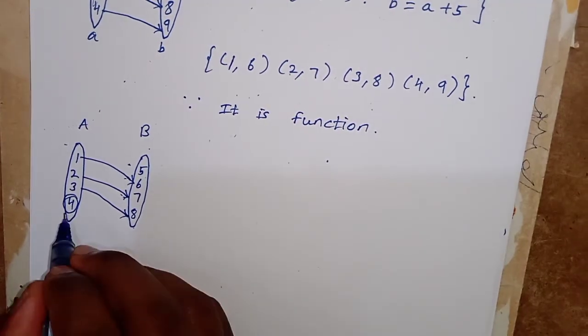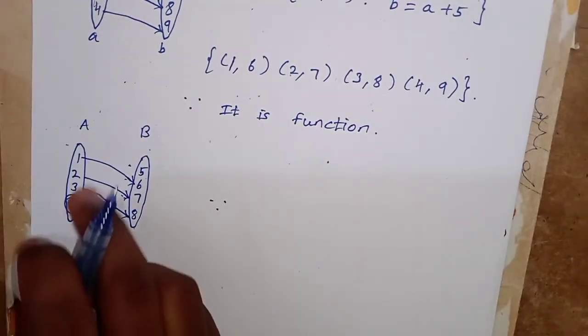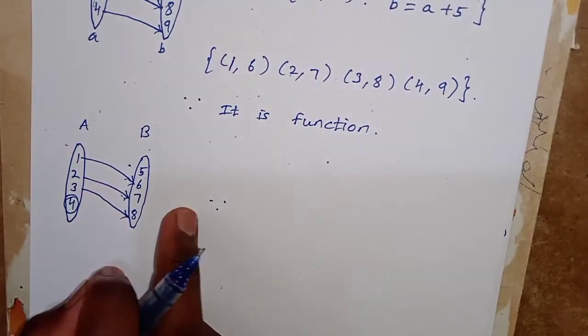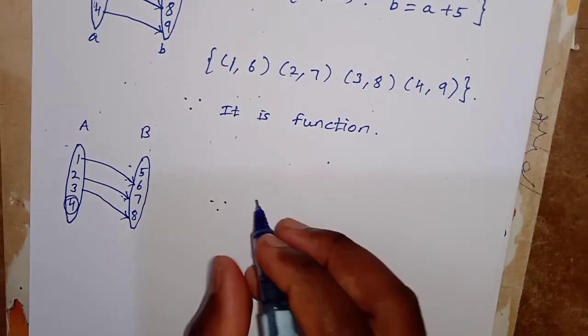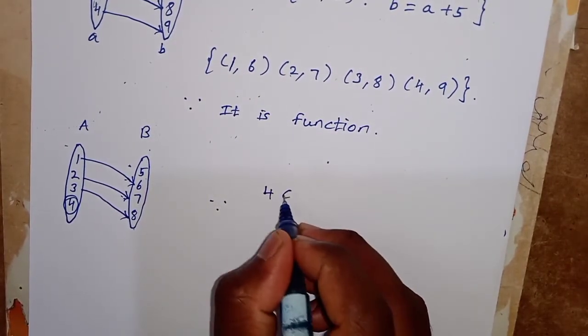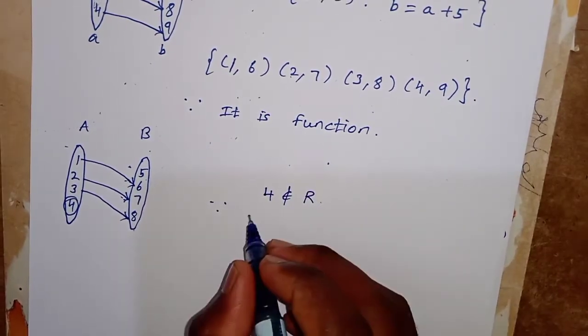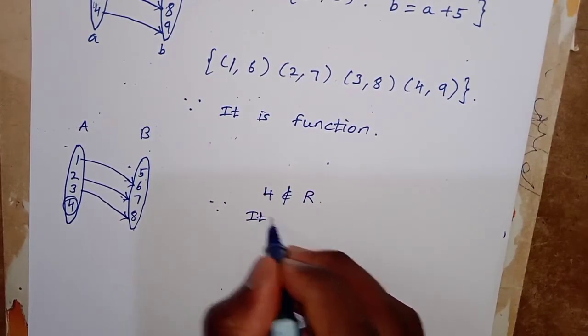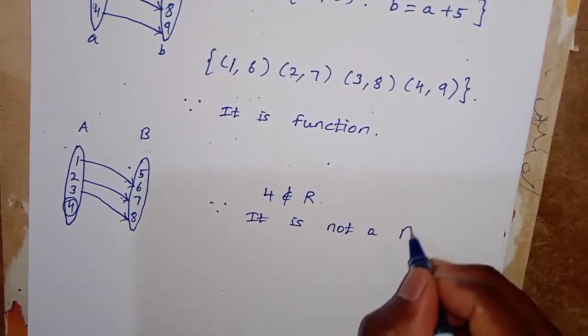In the domain, every element should be filled. But here 4 is not filled. Therefore 4 does not belong to R. Therefore here it is not a function.